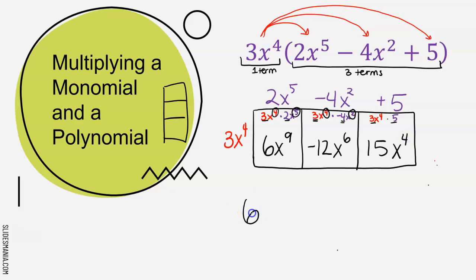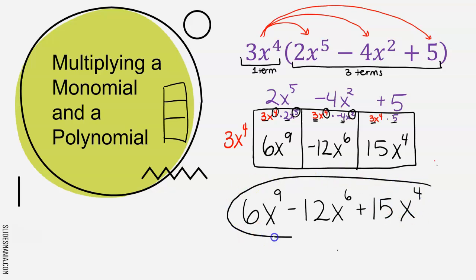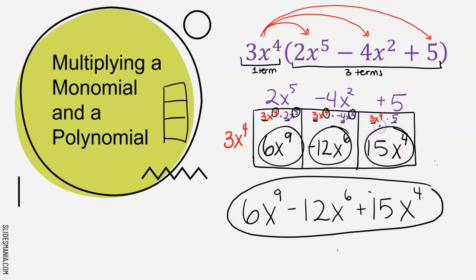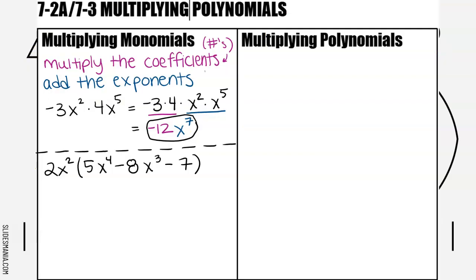So my final answer here, if I were to distribute, or in this case use the box method, is I combine all of those little multiplication problems together to get my big polynomial. So 6x to the ninth minus 12x to the sixth plus 15x to the fourth. I cannot combine any of those terms together anymore because they don't have the same power with the exponent.